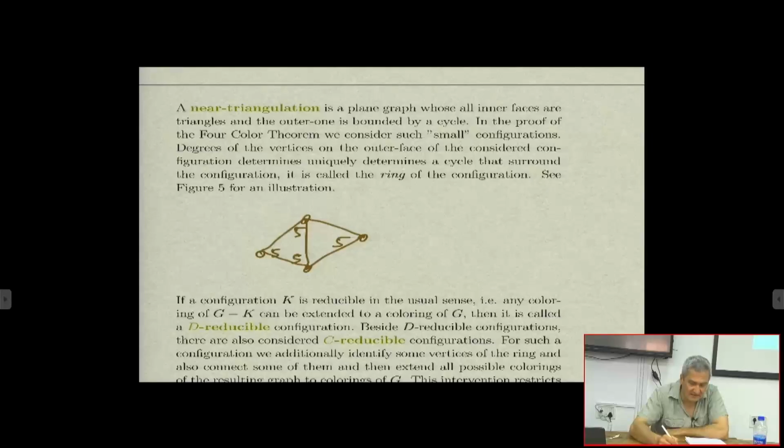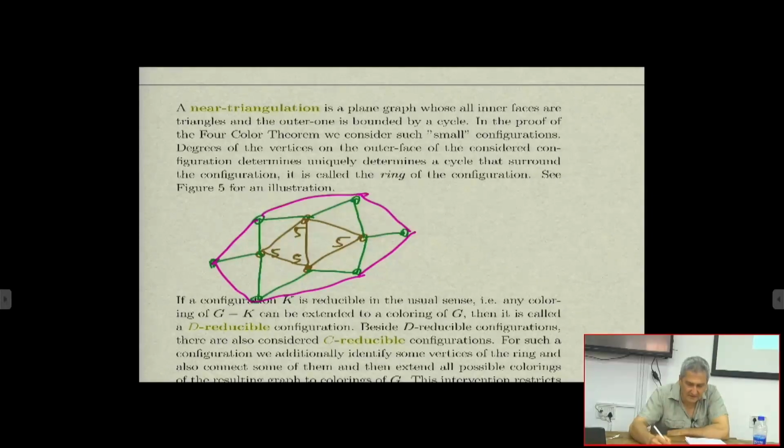Because this is a vertex of degree 5, you will have another one like this, because it's a triangulation, this is 5. Now everything is 5, because it should be 5. Then you have a cycle here. This is the ring. For each of these configurations, you first make a ring.